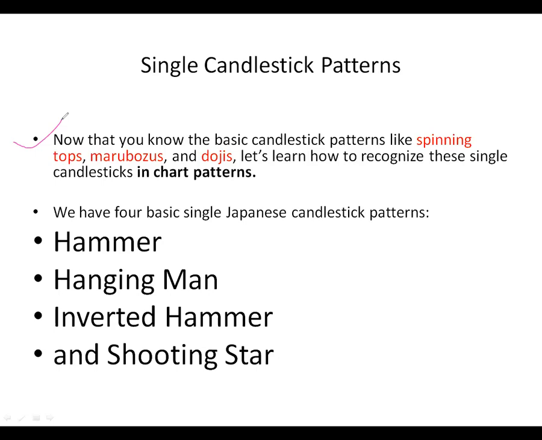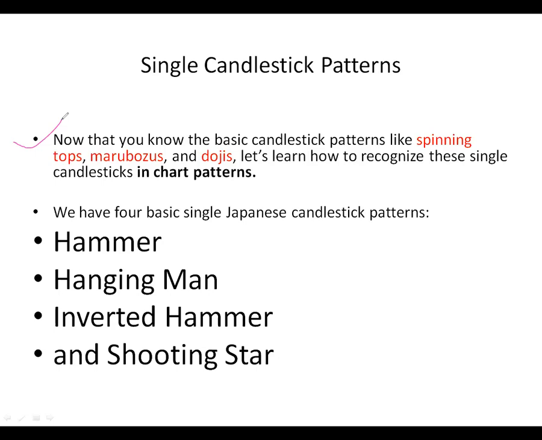So these candles that you already know their names and how they look, what we're going to see in this video is that once you spot these candles, for example the spinning top or the dojis, once you spot them in a chart, their name changes depending on where you see them on the chart.